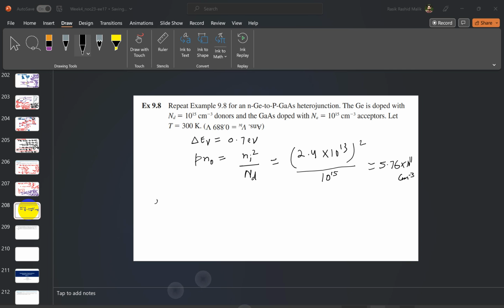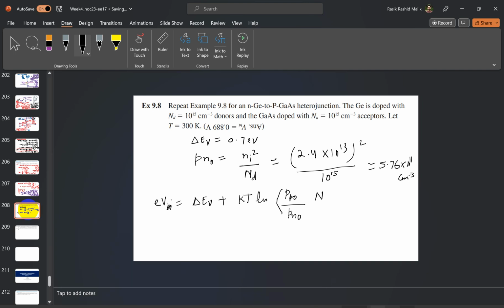And EVBI can then be calculated as delta EV plus kT ln of Pp0, the doping on the P side, over the minority carrier concentration on the N side, and these two are constants.